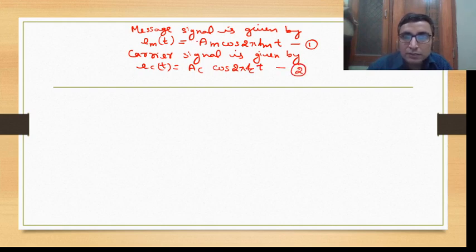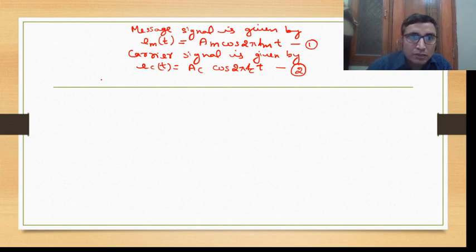Here in this modulating signal or message signal, Am is the amplitude of the message signal and Fm is the message signal frequency. Similarly for the carrier signal, Ac is the carrier amplitude and Fc is the carrier frequency.